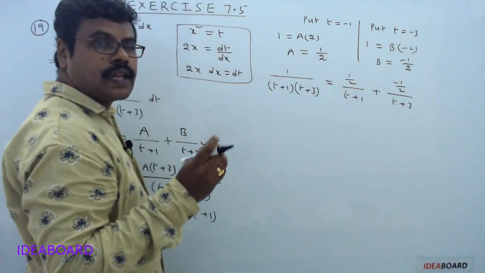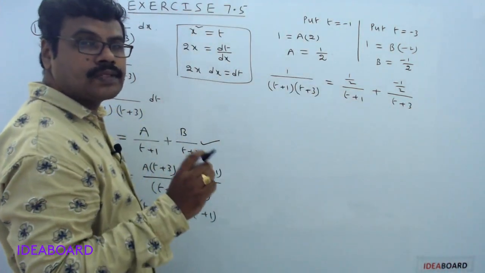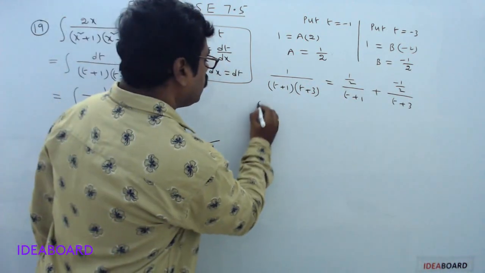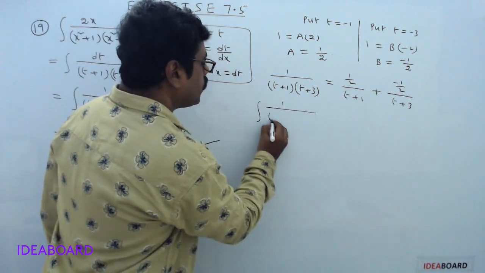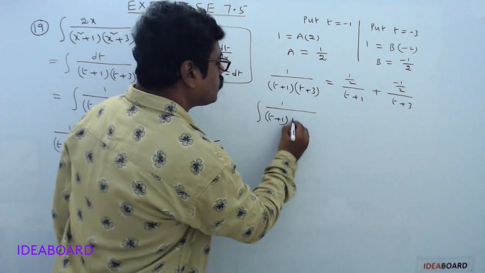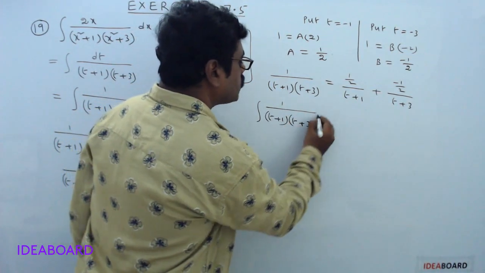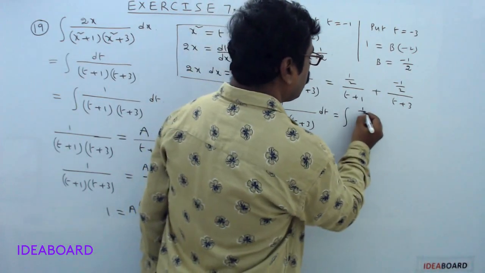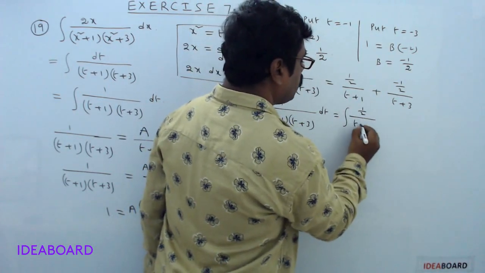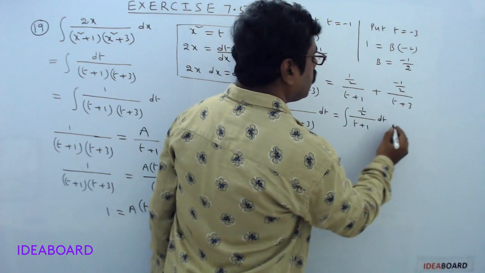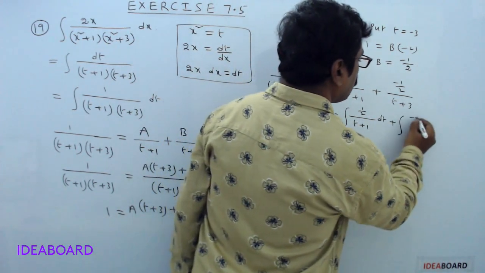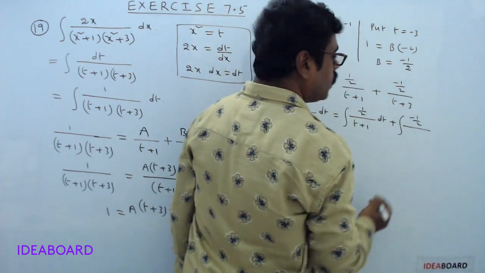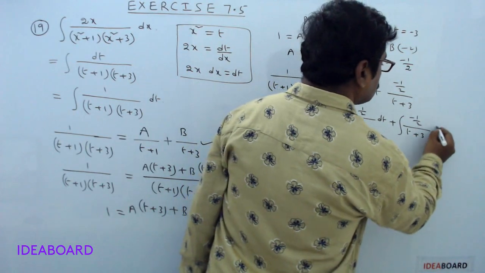Integrate on both sides with respect to t. With respect to t, it is integral 1 divided by (t plus 1) into (t plus 3) dt equals integral 1 by 2 divided by t plus 1 dt plus integral minus 1 by 2 divided by t plus 3 dt.